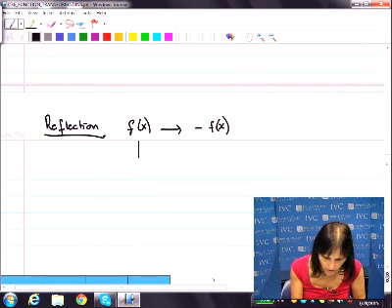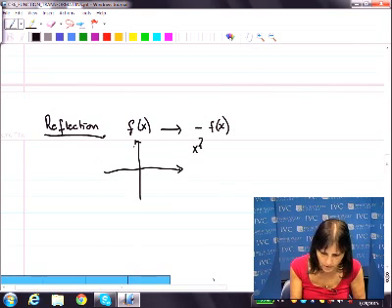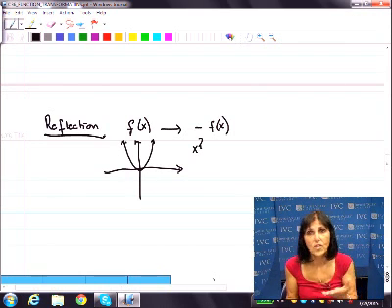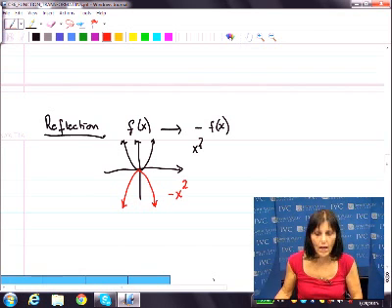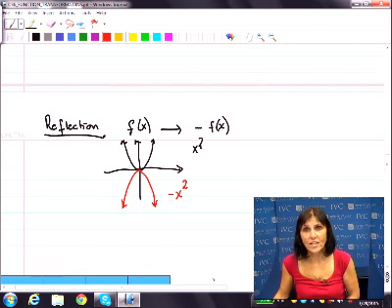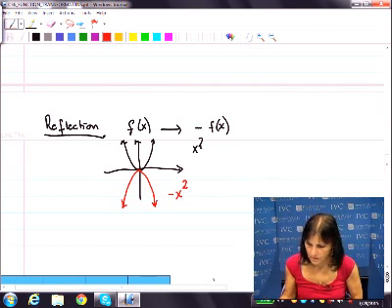Okay? So here it is. Here's your x squared, basic parabola. You multiply everything by a negative. X doesn't change, the y gets negative. Goes upside down. Okay. Negative x squared. The x squared is reflected along the x-axis.